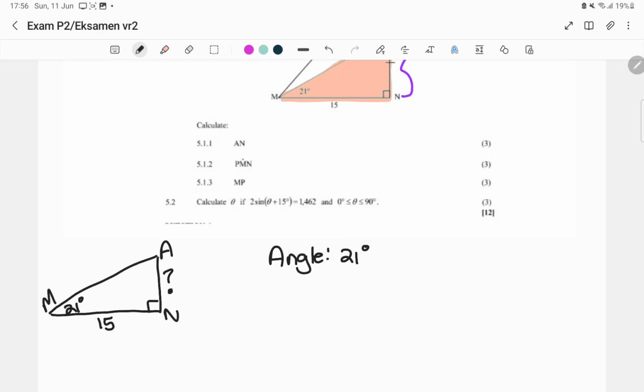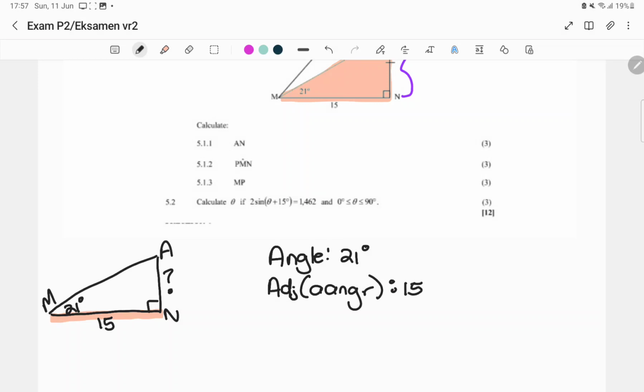Then the side I have is touching my 21 degrees. When a side is touching my angle, it is my adjacent side. So my adjacent side will be 15.